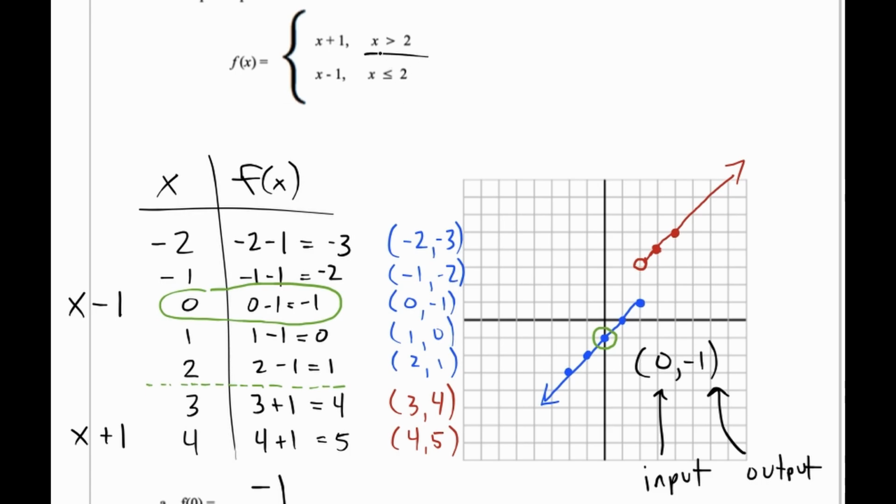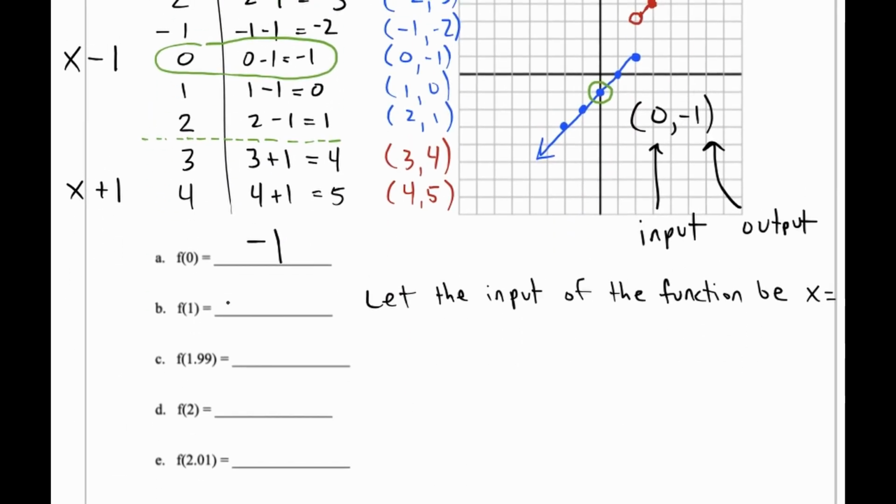Does that 1 fit into the upper section, or would it actually be in agreement with the lower statement here? So 1 is less than 2. So we actually want to follow the lower formula here, do x minus 1. The x that they're asking us to plug in is 1. So 0 is going to be our output.